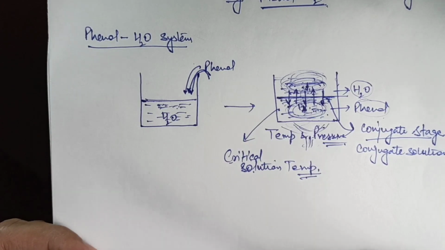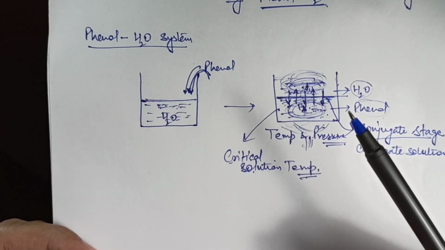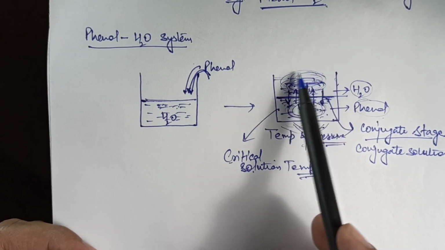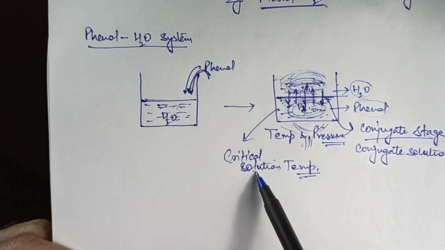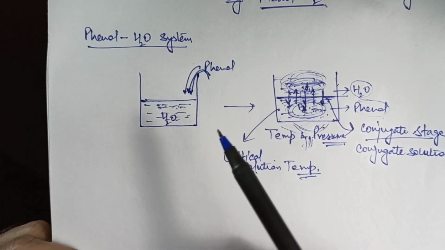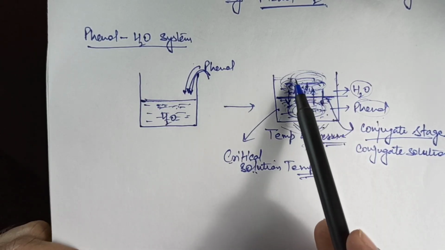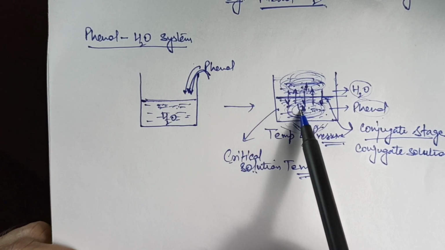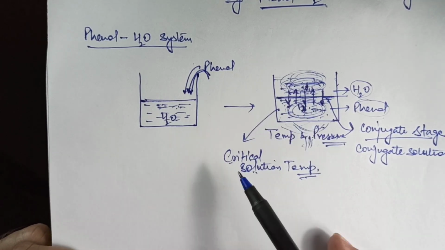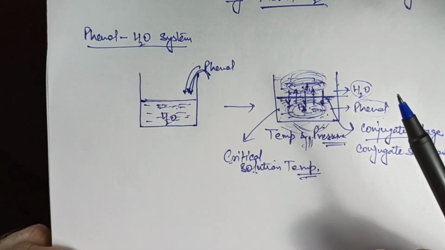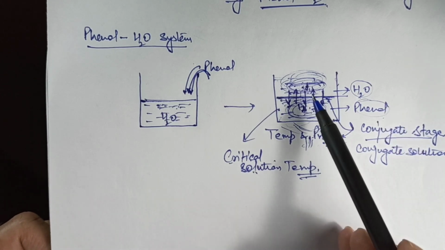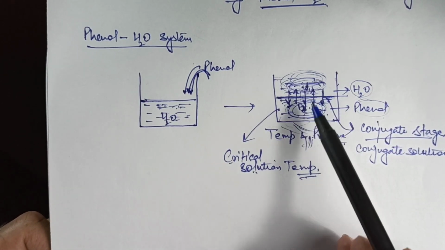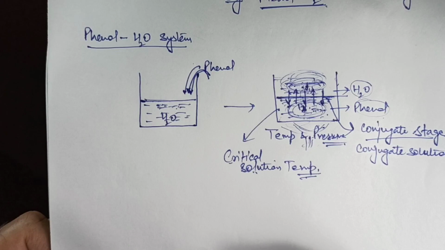And there are solutions which are miscible at higher temperature. Okay, there are a few solutions which are initially partially miscible, but they show miscibility at a lower temperature as well as an upper temperature. Okay, that means at both the lower and the upper temperature they show miscibility.